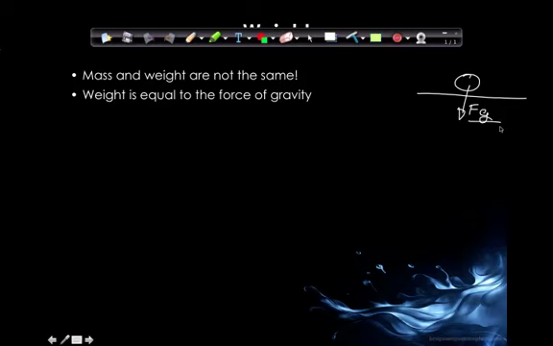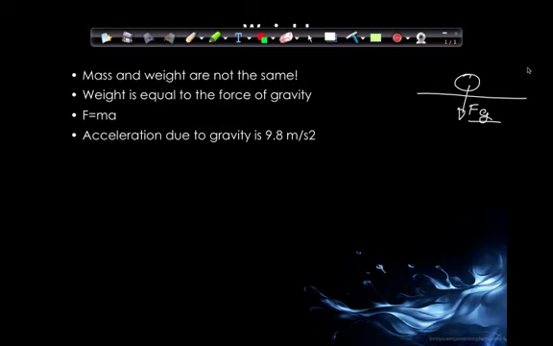Okay, so really when we're looking at weight, we are accounting for the mass and we're also looking at the force due to gravity. So remember that force is equal to mass times acceleration. So F of G, or the force of gravity, which is the same thing as weight, is nothing more than a force. So to get force of gravity, we would still take the mass and multiply it by the acceleration.